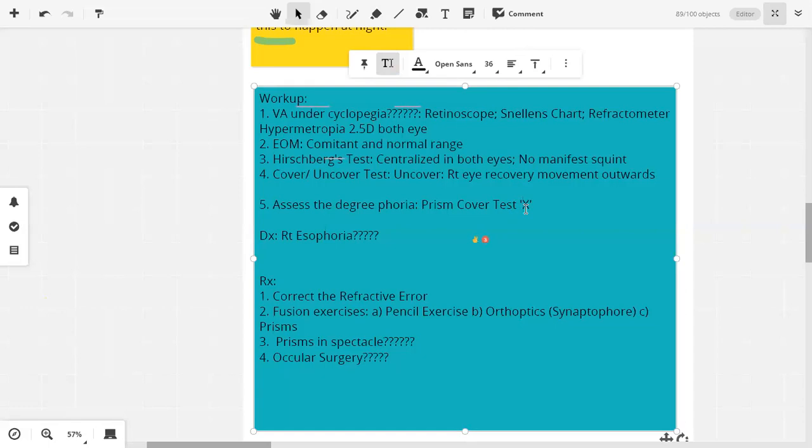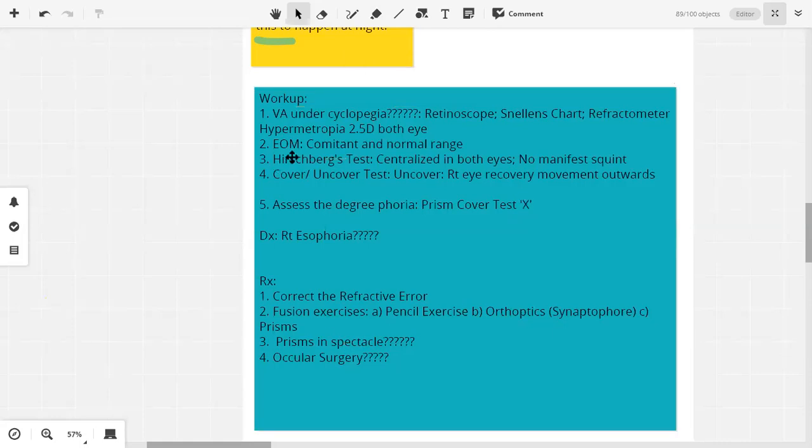We will put a prism of power x in the spectacles along with the refractive error. जो refractive error की correction करनी थी वो तो हम करेंगे, साथ हम एक prism भी लगा देंगे उसकी spectacles में. What will be the power of that prism? We judged the power of the prism using the prism cover test, and it was x. So we will use this power prism in spectacles to correct the tendency which was present. That is how we will use prisms in prism cover test and prism in spectacles.